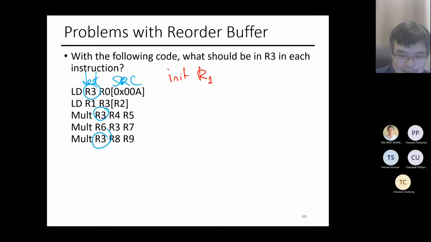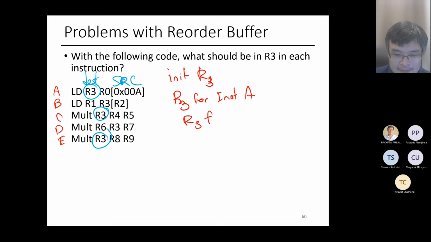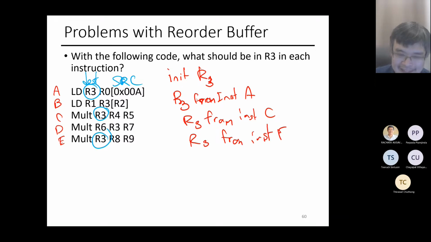And then let's assume this is instruction A, instruction B, instruction C, D, and E. You have the initial version of R3. You have the R3 for instruction A. You have R3 from instruction C. And you have R3 from instruction E, right?